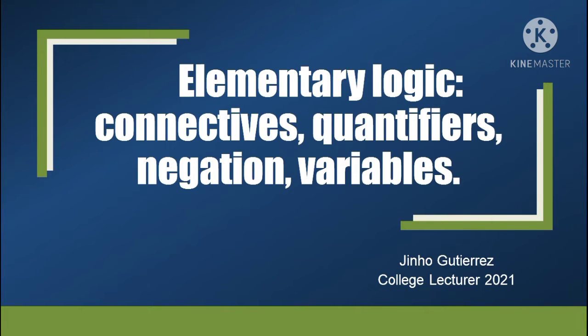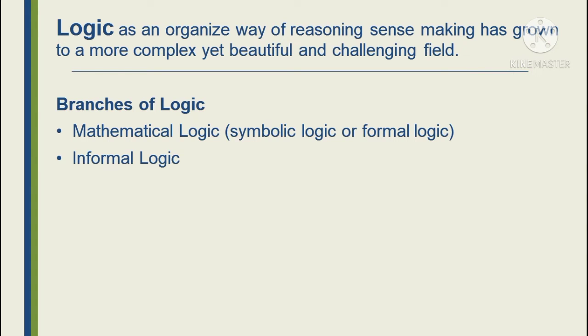Okay, so let's proceed to our next topic, which is the elementary logic connectives, quantifiers, negation, and variables. So first, logic is an organized way of reasoning. Sense-making has grown to a more complex, yet beautiful and challenging field.